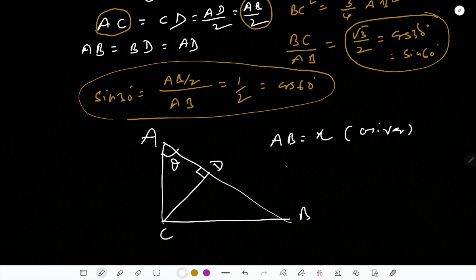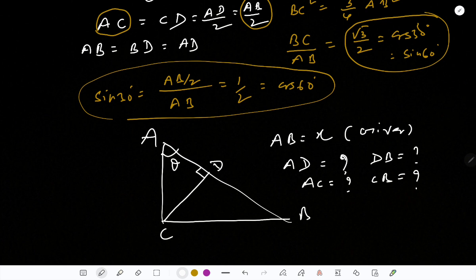That means I am asking you to express AD in terms of X and theta, and then you can express DB in terms of X and theta, AC as well, and CB also in terms of X and theta, and your work will be completed.